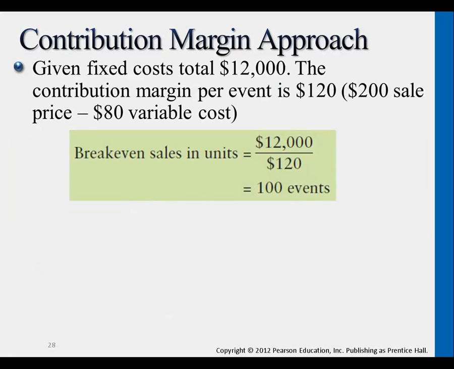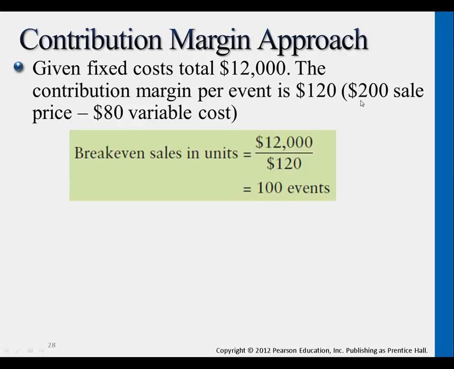Do you remember that example with events that we're scheduling? Our fixed cost we knew was $12,000. The same example, we're still working on it. So what do I have here? My fixed cost is $12,000. My contribution per event is $120.